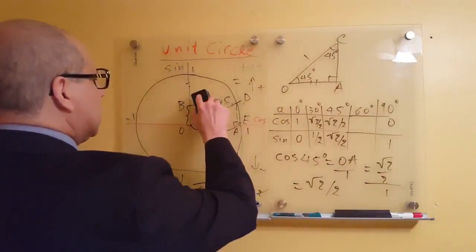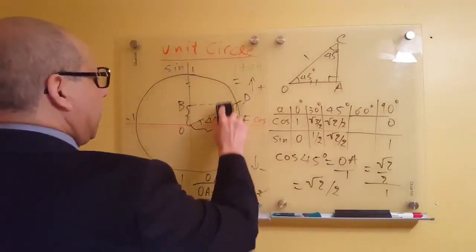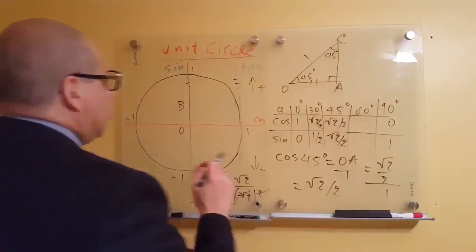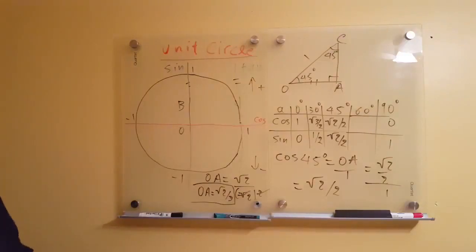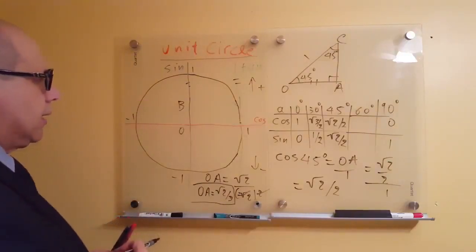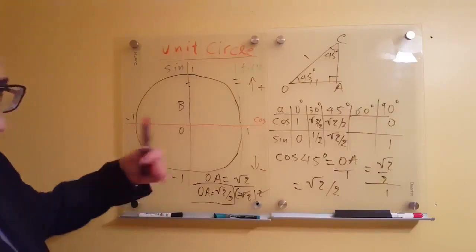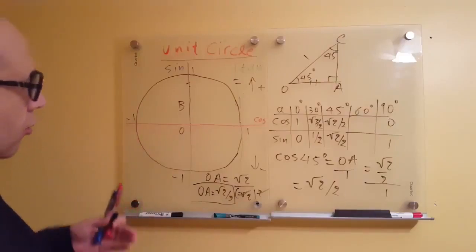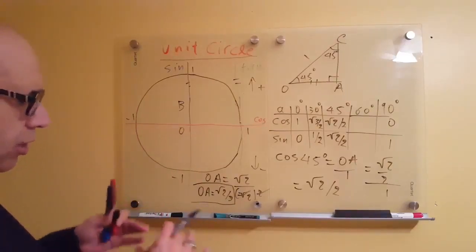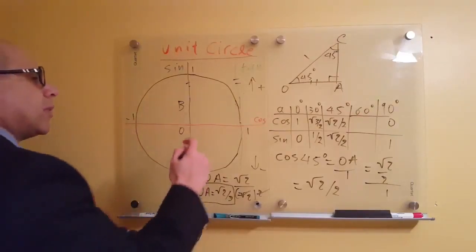Let me erase this stuff here. So now I want to show you something which has to do with the use of the unit circle in order to find the cosine and sine of angles with respect to some other angles.